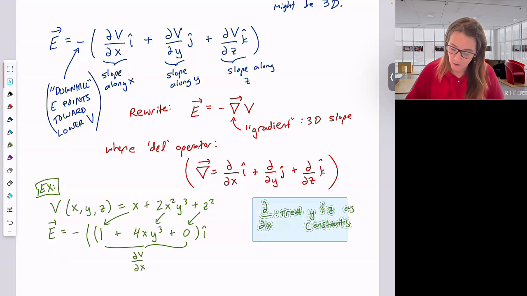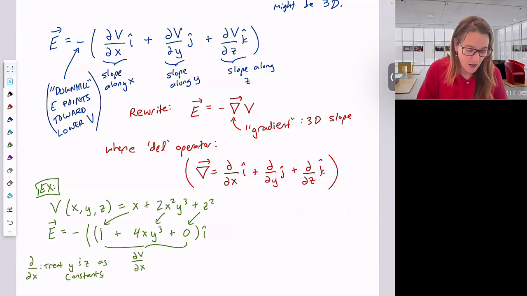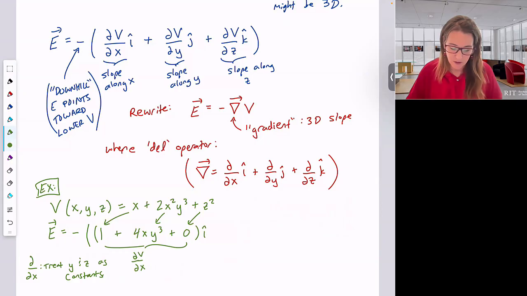Let me give myself a little bit more space. I'll move this over here. And now I'm going to just write down the other terms. So I can then say plus, because I have my minus out front, and then partial V, partial y.